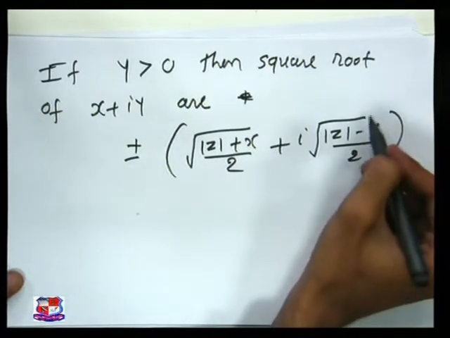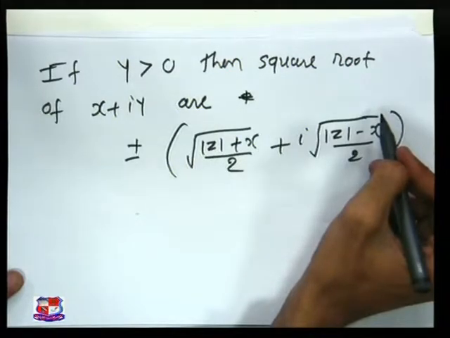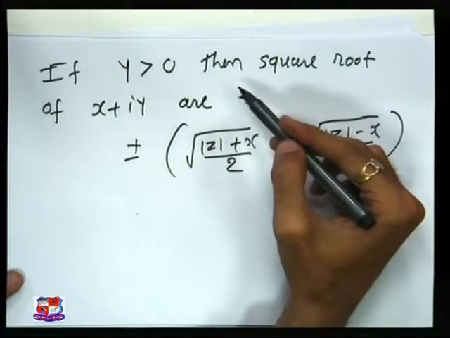This is the square root of x plus iy if y is greater than 0.